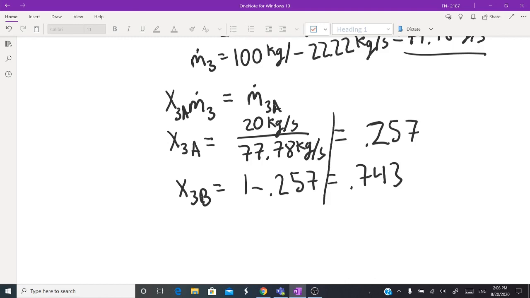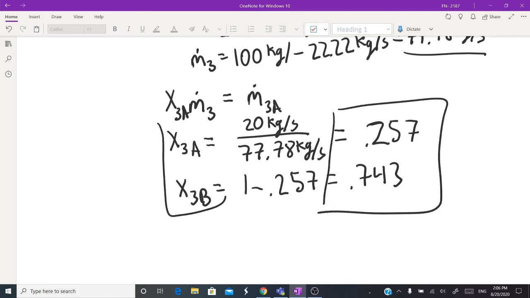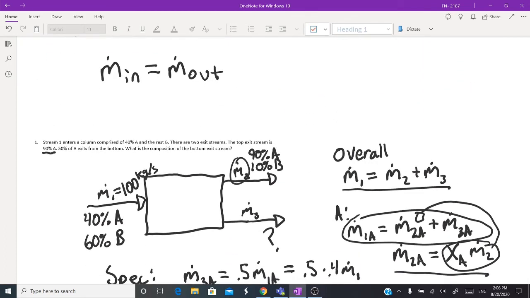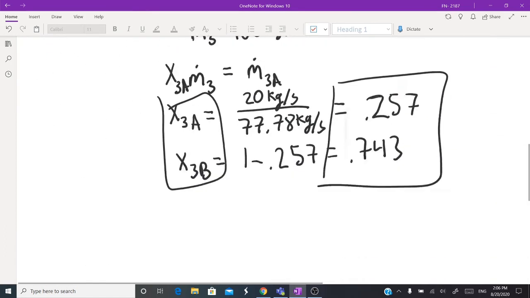And this right here, that is your answer. That's what it's asking for, the composition on the bottom.